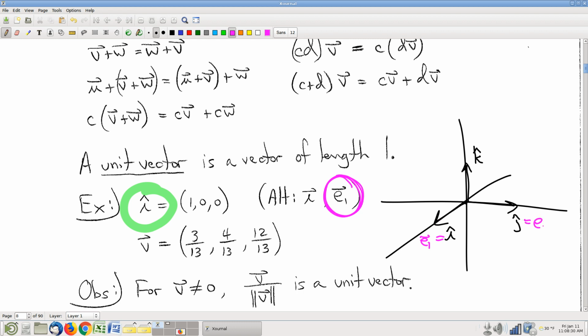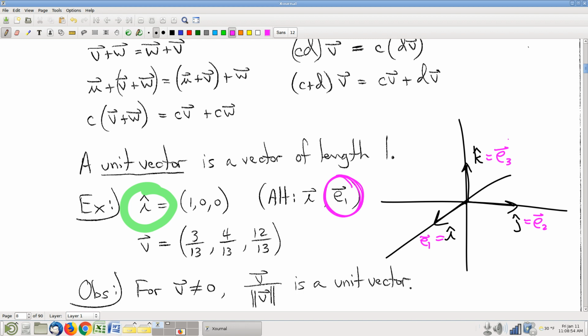Instead of J, E2. Instead of K, E3. And you might think that seems clunkier, right? I mean, IJK, boom. It's just very natural, familiar, alphabetically convenient, and writing subscripts seems unnecessarily heavy-handed, right?